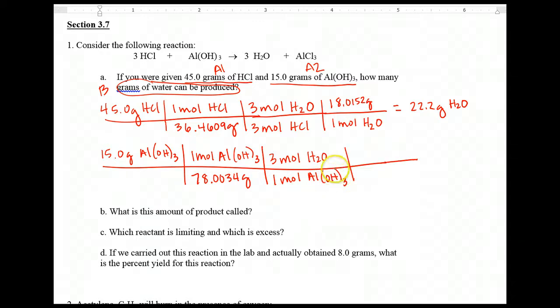The last step is to again convert to grams, and the molar mass of water is 18.0152 grams per mole. After crunching numbers, we obtain an answer of 10.4 grams. At this point, we've done all our calculating, and we need to take a step back and look at our answers.